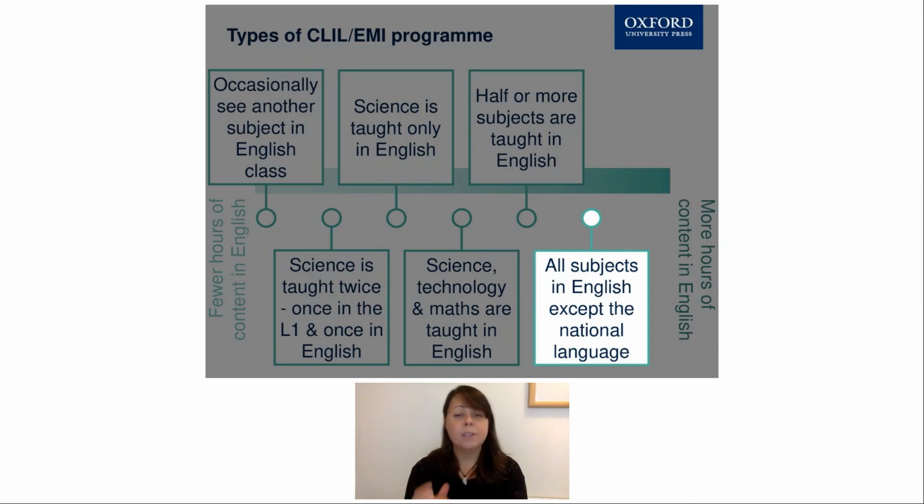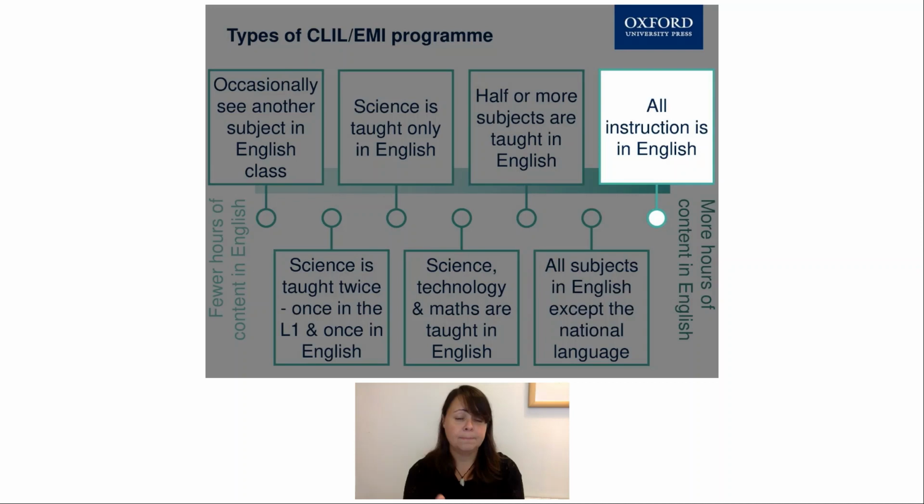So this would be a mix of home students and international students. Whereas the last model we see, where all instruction is given in English, this would tend to be in schools that cater more for the expat community.